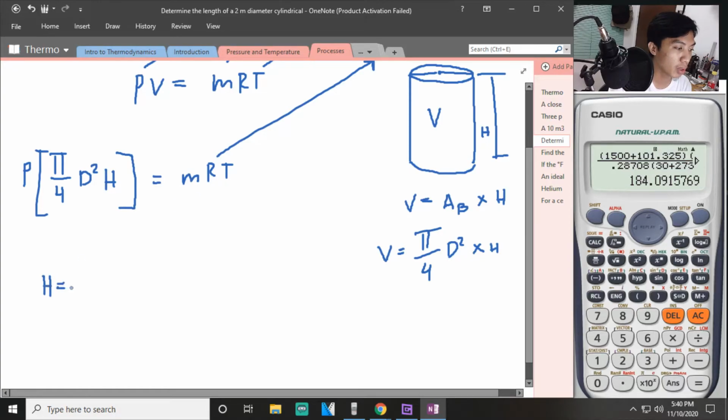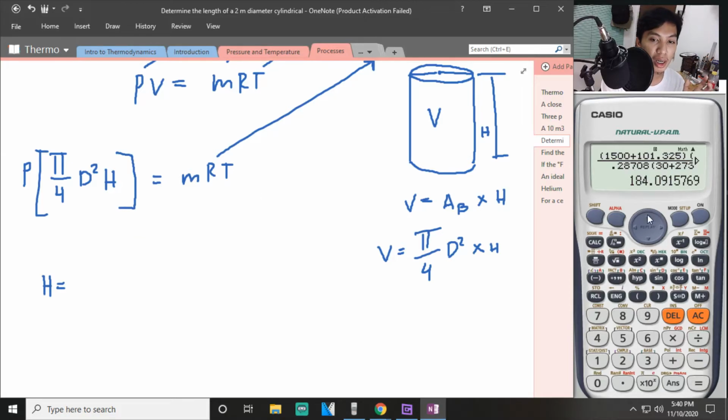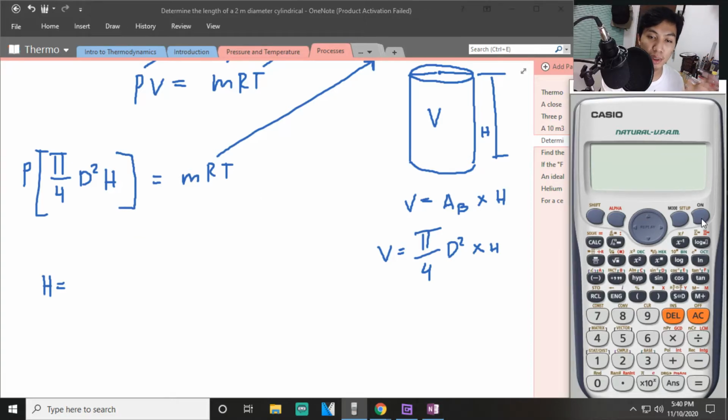H will be equal to, ganito ako mag-solve eh. Lalo na sa algebra, kailangan yung equation mo na i-simplify mo to the simplest form para ma-solve mo yung nag-iisang value, hindi ka na magba-by parts. Kasi, pagdating nyo nga ng board exam, mas maganda na isang value, isang pindutan sa calcu, ma-solve mo agad. Okay? Pakita ko sa inyo.